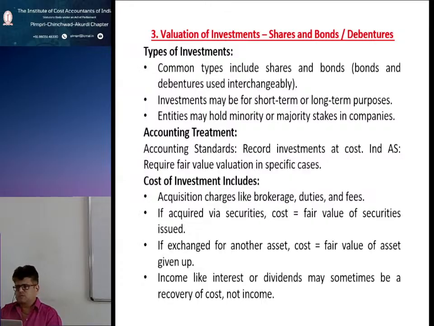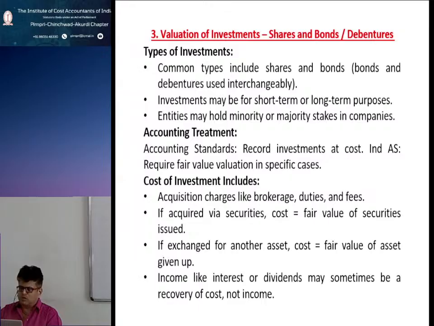They have a fixed maturity, they have a fixed interest rate, the amount is fixed, and the mode of return on investment would be by way of interest, either periodically, monthly, bi-monthly, quarterly, half yearly or yearly, as the case may be. So the common types include shares and bonds and debentures, used interchangeably.